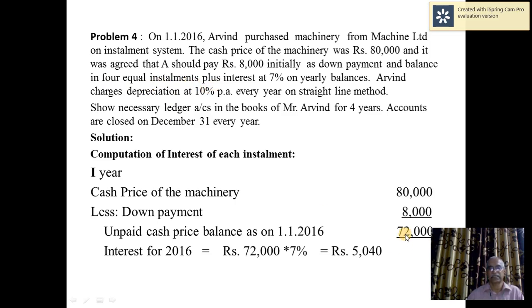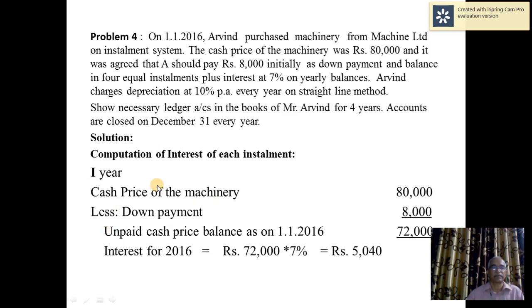That means 72,000 divided by 4, that comes to 18,000 plus interest on the outstanding balance. So each installment will be 18,000 plus interest, that will be the installment price.